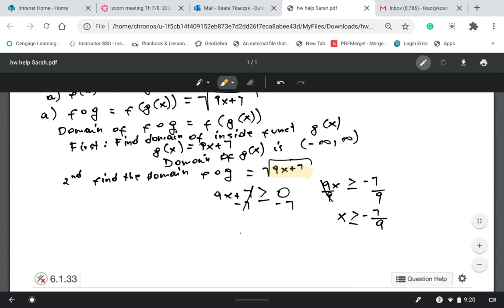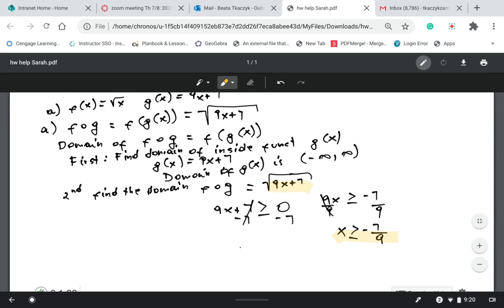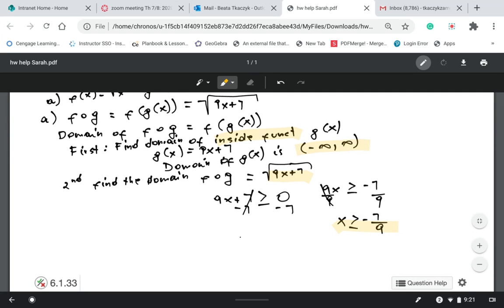So when you have the domain of the final composition and the domain of the inside function, which is all real numbers, the third step will be to combine the first and second domain together.